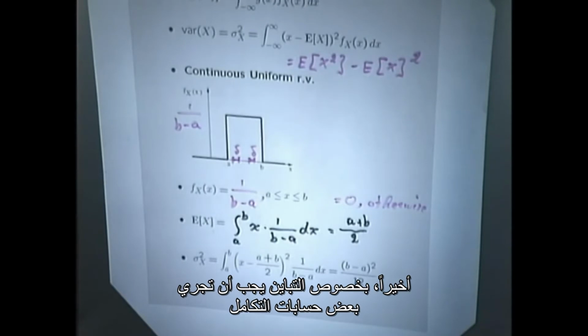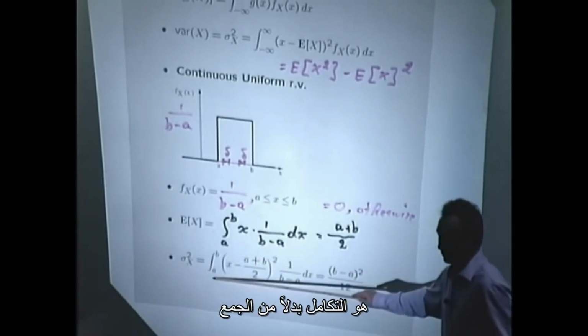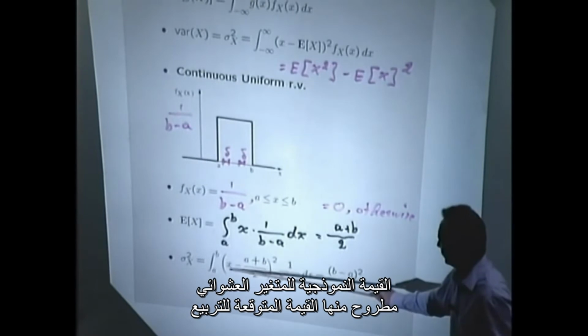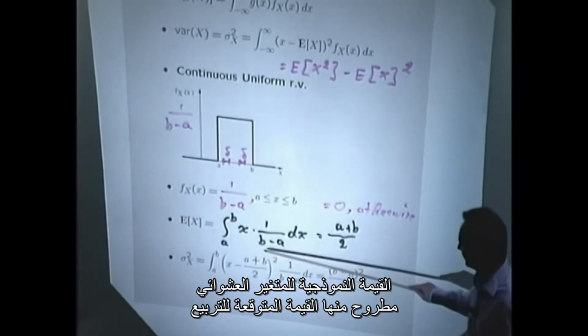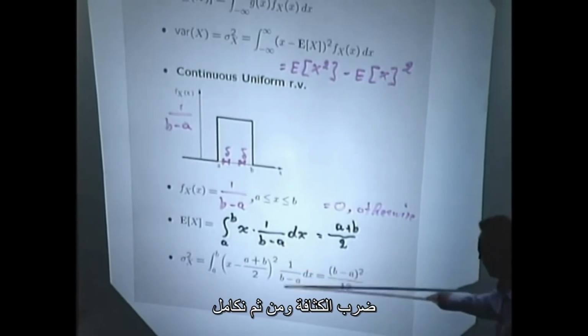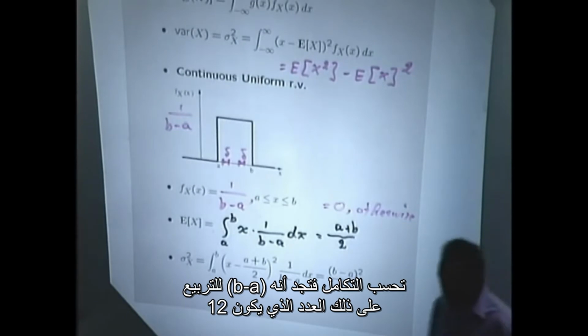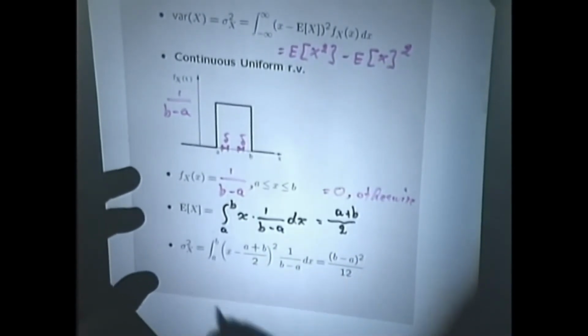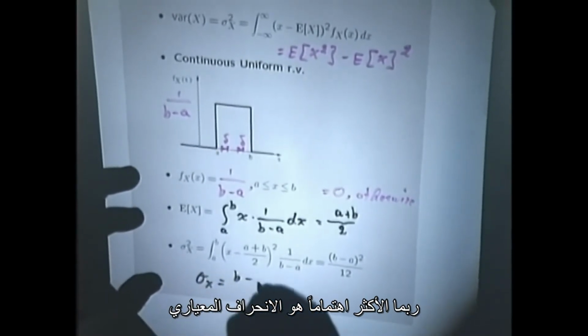Finally, regarding the variance, there you will have to do a little bit of calculus. We can write down the definition. It's an integral instead of a sum: a typical value of the random variable minus the expected value, squared, times the density, and we integrate. You do this integral and you find it's b minus a squared over 12. Maybe more interesting is the standard deviation itself.